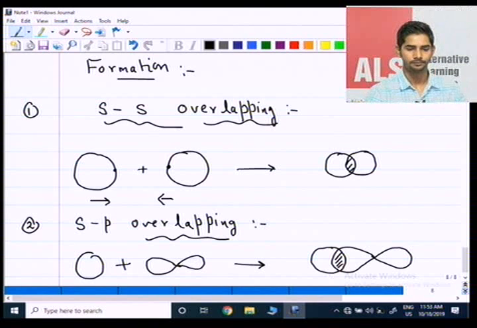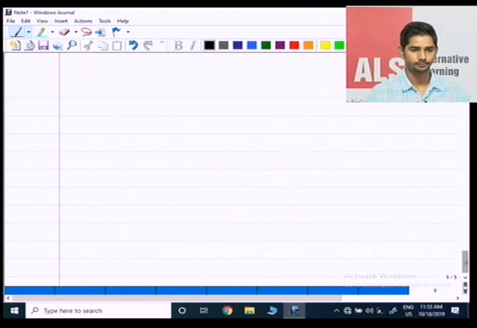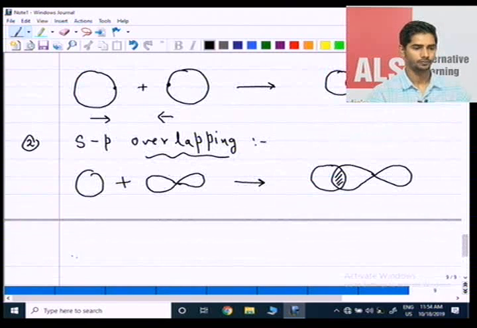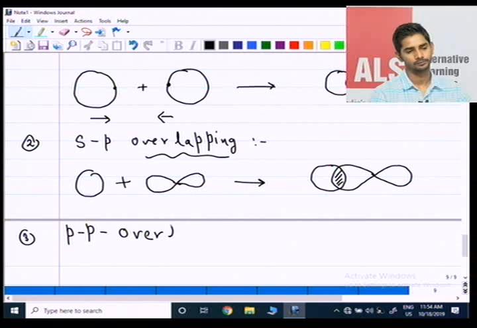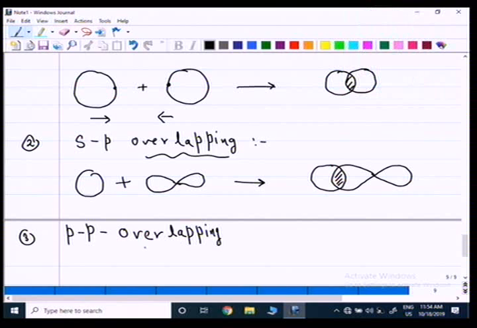Now, look at this. p-p overlapping. See, p orbital, p orbital.